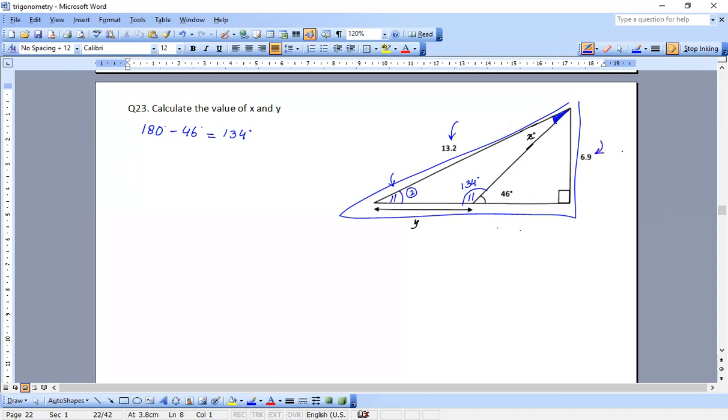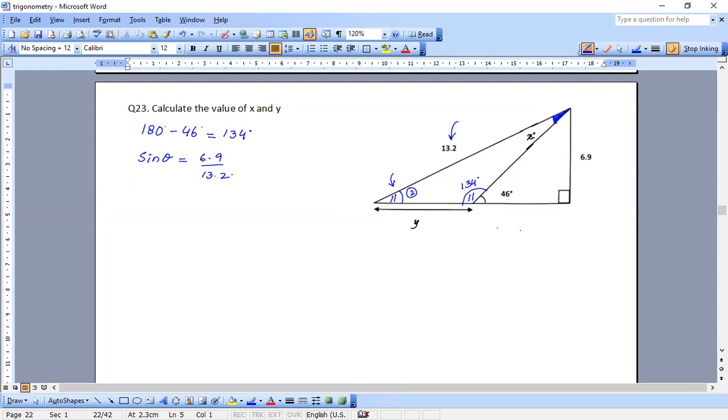And now that I have opposite and hypotenuse, I'll be able to calculate angle number 2 using one of the trigonometric ratios. The trigonometric ratio which connects opposite and hypotenuse is sine. So sine theta is equal to opposite, which is 6.9, upon hypotenuse, which is 13.2.